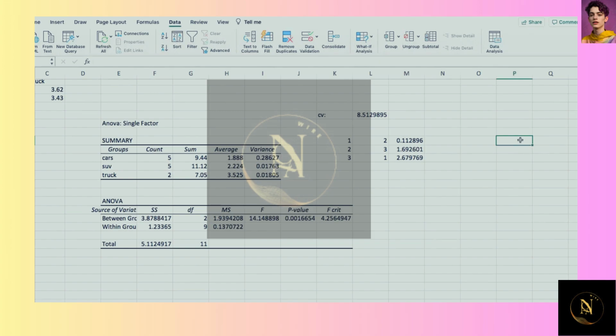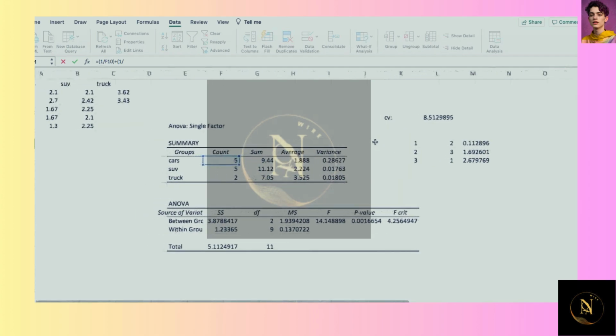So let's do equals 1 over, and then n will be the sample size for car. So 1 over 5 plus 1 over the sample size for SUVs.